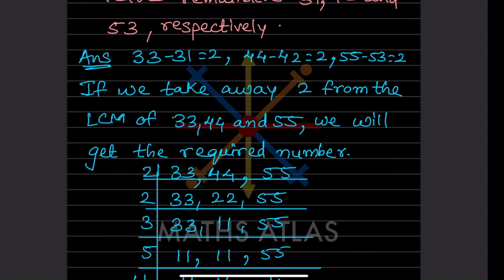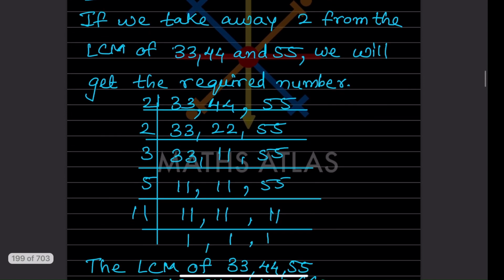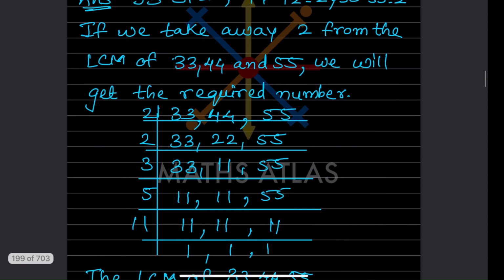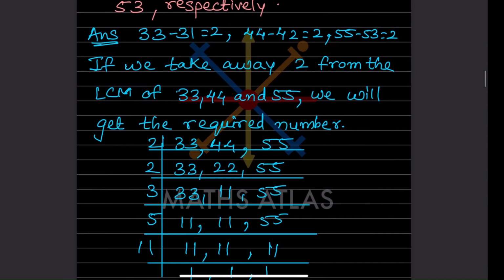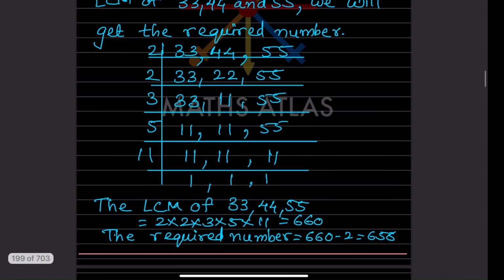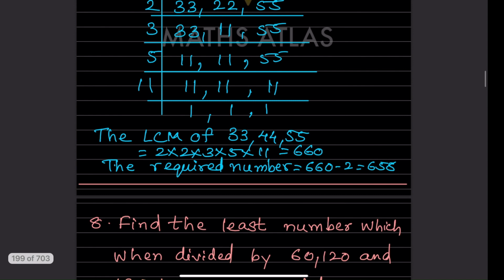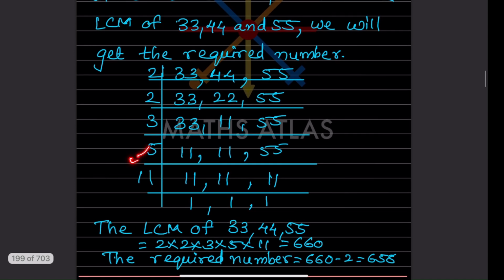So what did we get here? So now what will you do here? 33, 44, 55. So this you are going to do the same way here. So now the LCM of this one, you got this 660, right? So you got these factors of this one, 660.